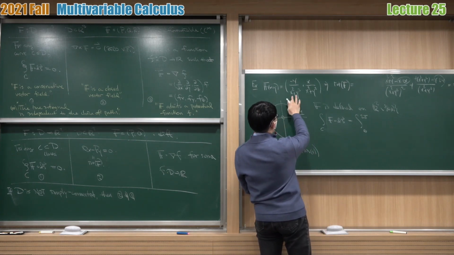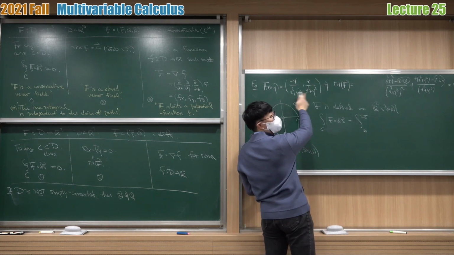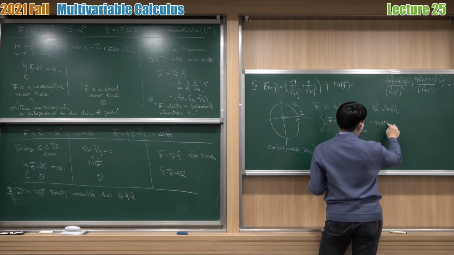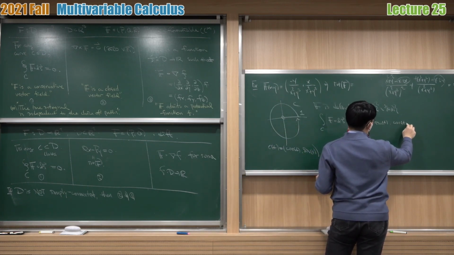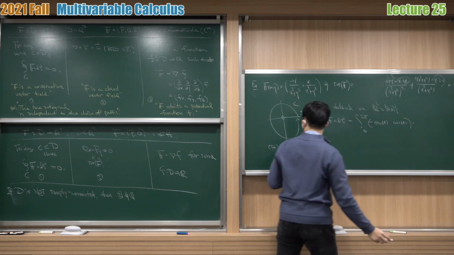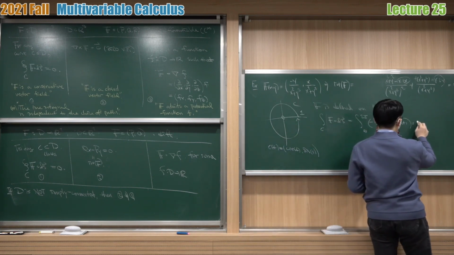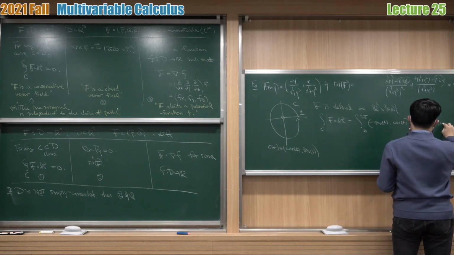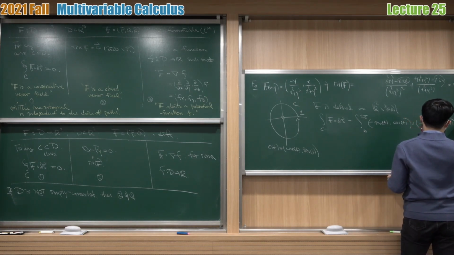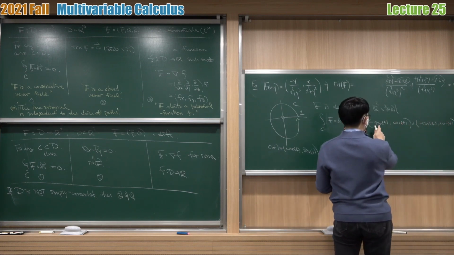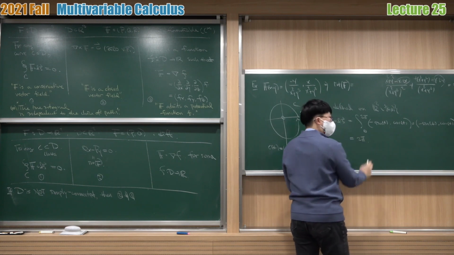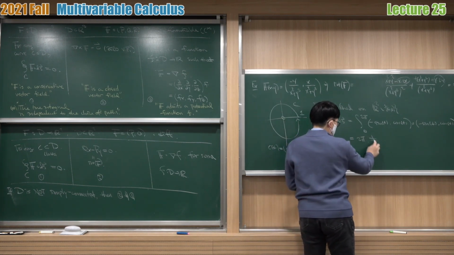The denominator is always 1, so the P part is minus sin t, and the Q part is cos t, and take an inner product with c prime, which is (-sin t, cos t) dt. Sine squared plus cosine squared is 1, so it's 2 pi. So it's not 0.